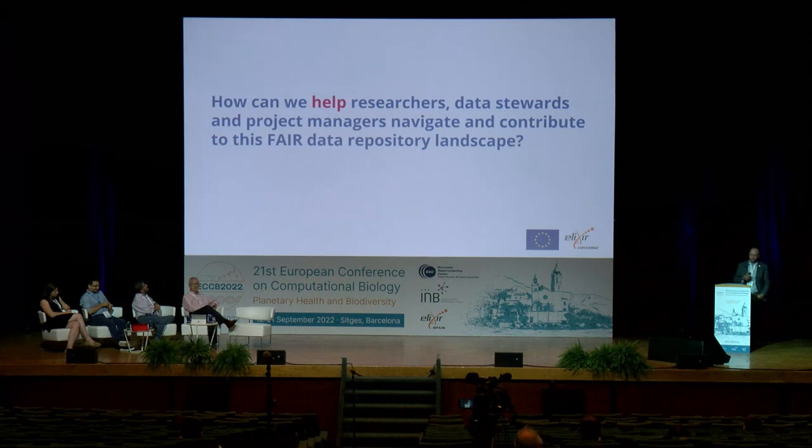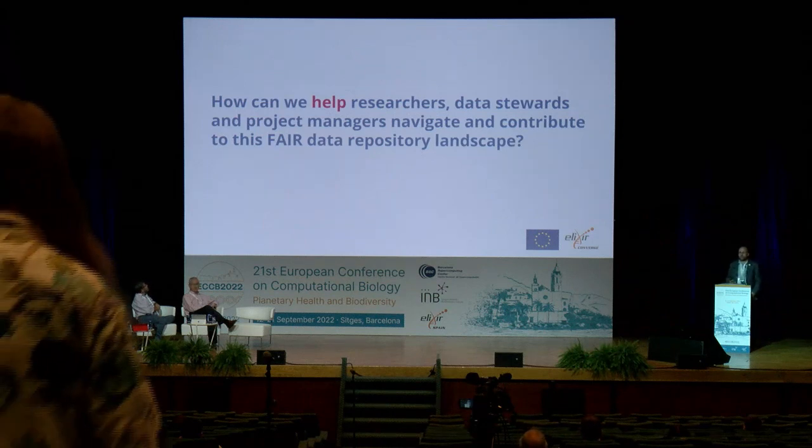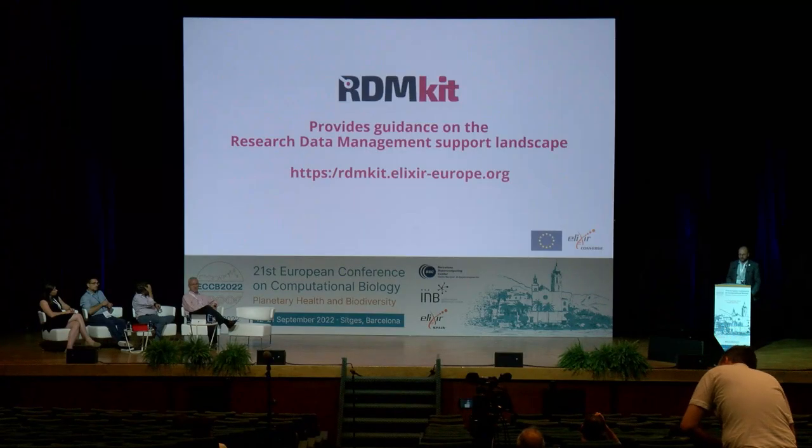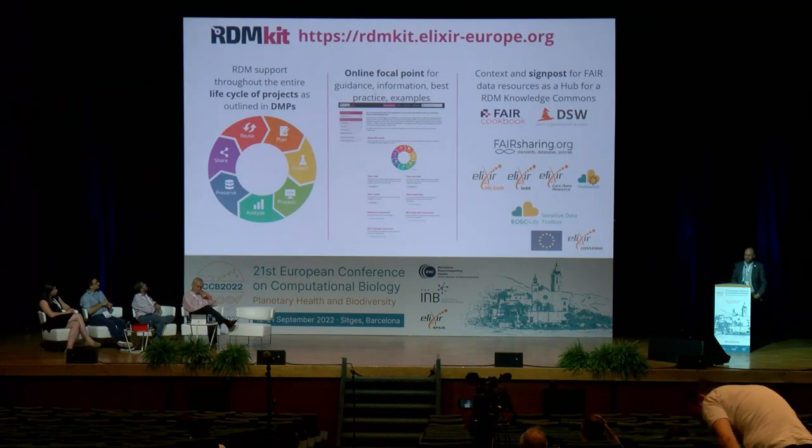So with the ELIXIR Converge project, we started setting out how we can help researchers, data stewards, and project managers to actually do this and navigate this complex landscape and contribute to it. And what we came up with is RDM Kit, which provides guidance on the research data management support landscape. You can find it on the website on the screen.